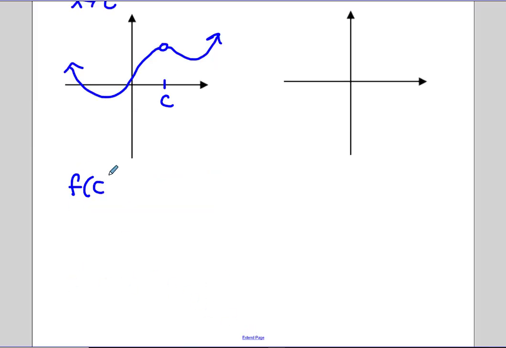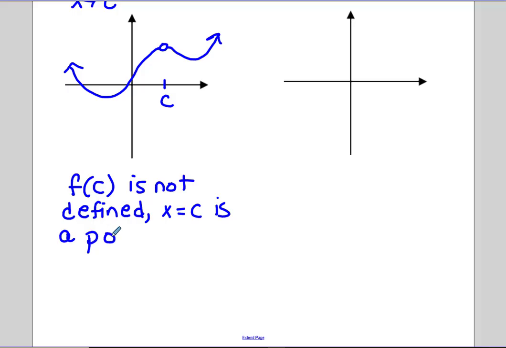First of all, the function is not defined because at x equals c there is a point discontinuity.